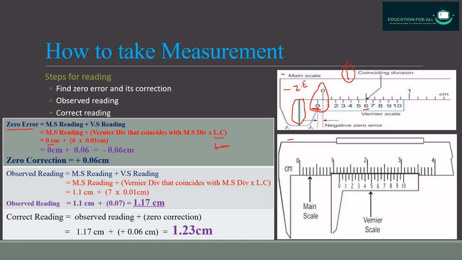Here you can see the 6th vernier division is coinciding with the main scale division. So according to the formula, the vernier division that coincides with the main scale division is 6. Multiply by the least count, and the least count of the vernier caliper is 0.01 centimeter.